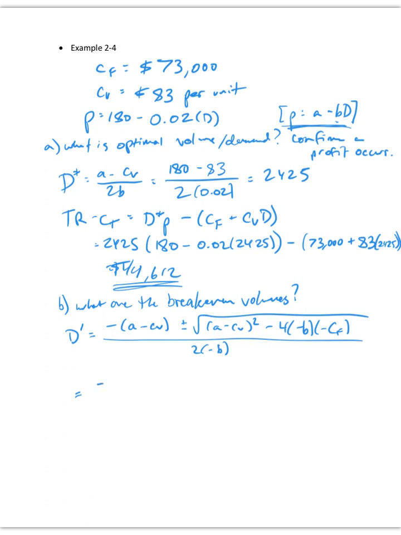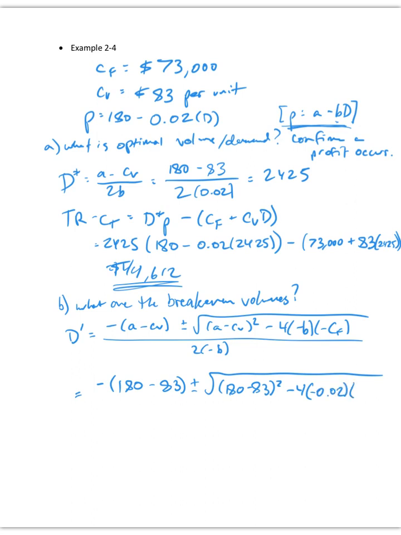We've got negative, our value of a is 180, minus CV, which was 83, plus or minus the square root of 180 minus 83 squared minus 4 negative b. B is 0.02, so it's negative 0.02.